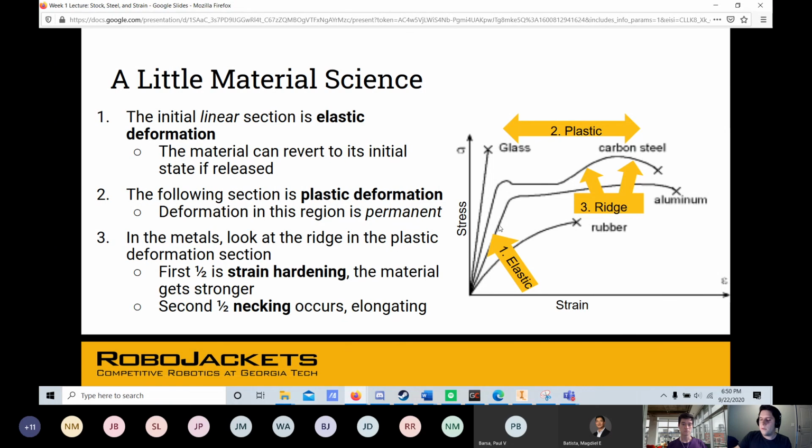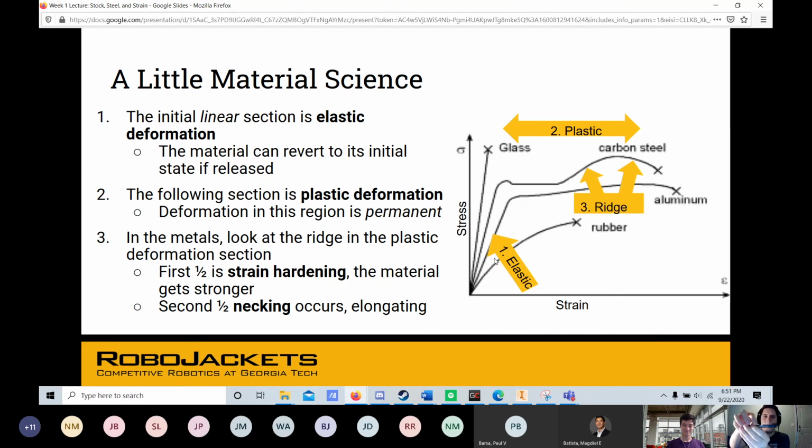What's important about that is that no matter what stress you apply within this region, the elastic region is always going to be able to deform back to its original state. So I have a pen. Unfortunately, I'm going to have to sacrifice this pen in the name of learning.